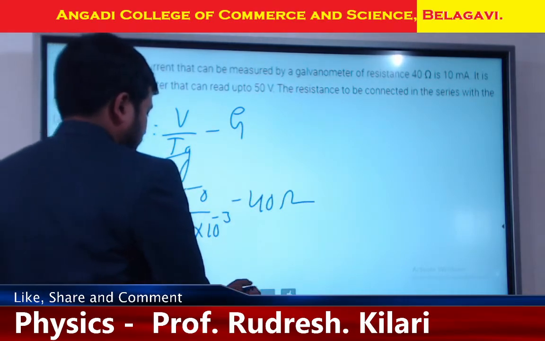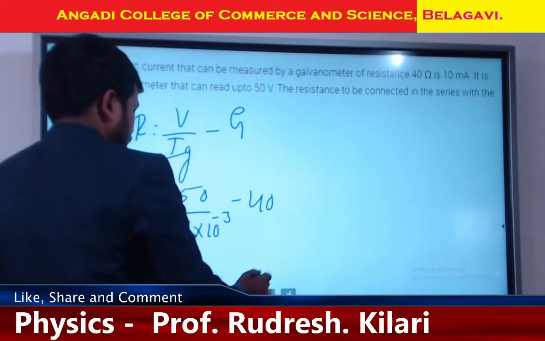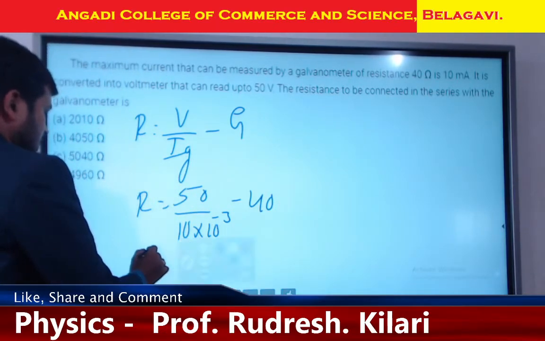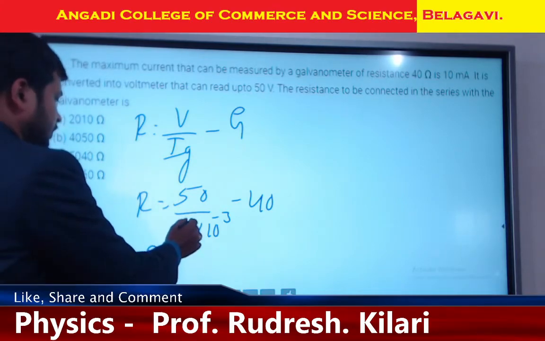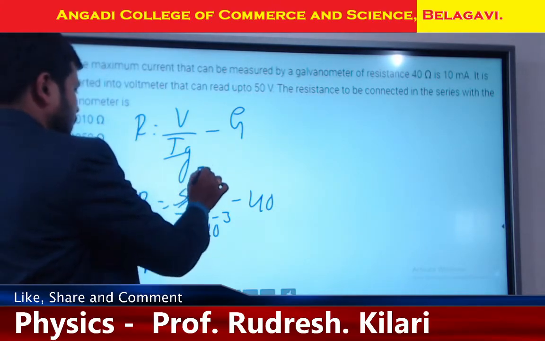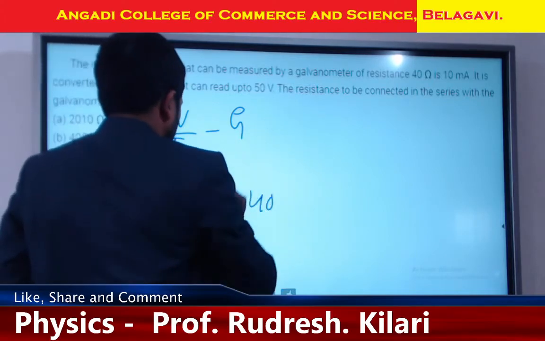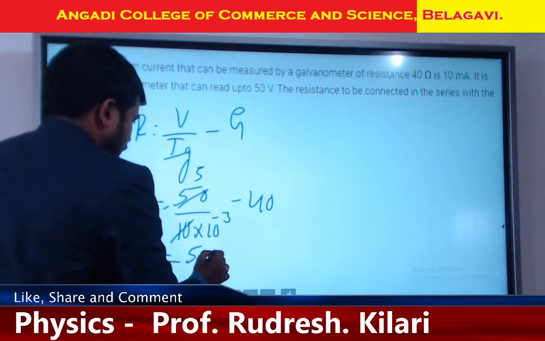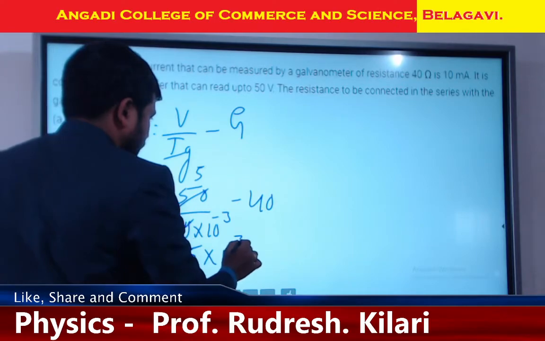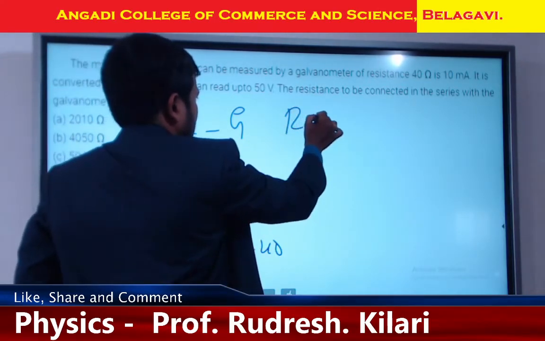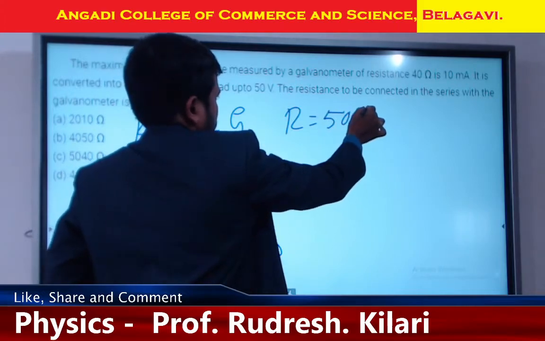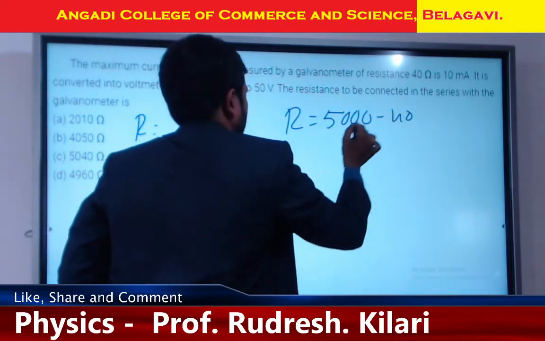Just 40. Now R equals 50 divided by 10 into 10 to the power of minus 3, which is 5000, minus 40.